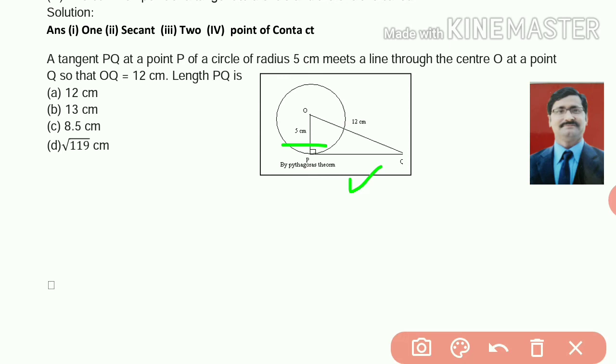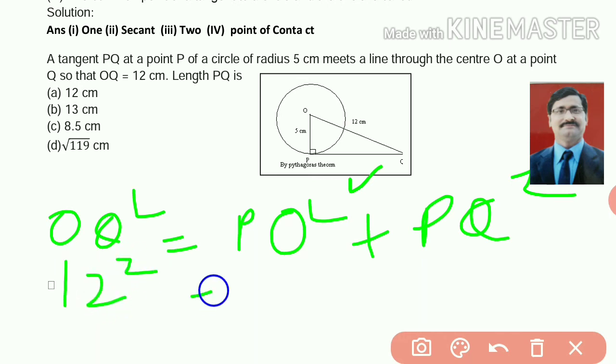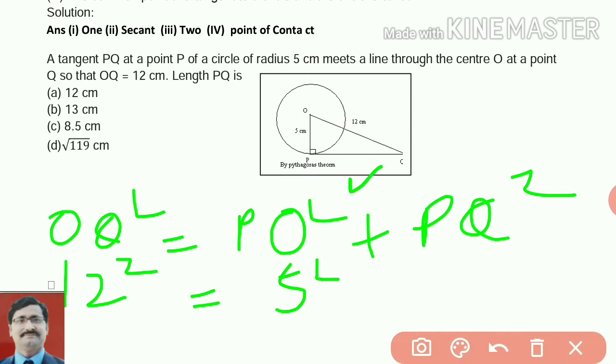So you can use the Pythagoras theorem, and by Pythagoras theorem you can write that OQ square equals PO square plus PQ square. OQ is given to you as 12 centimeters, so 12 square. PO is 5 centimeters, so 5 square plus PQ square.